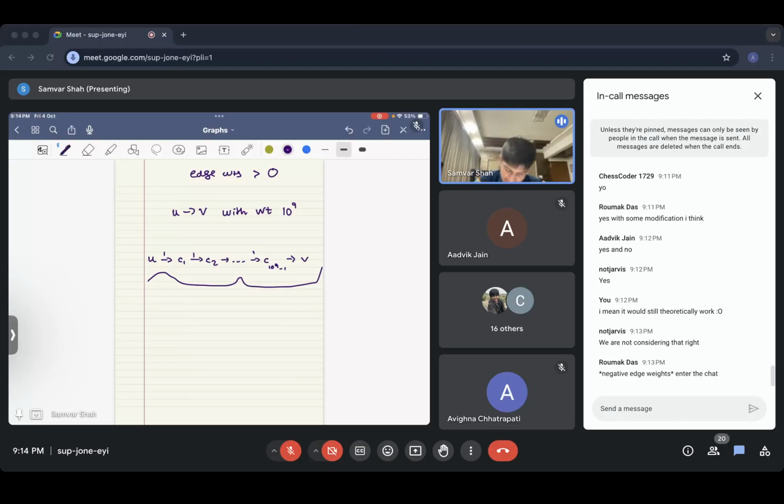But okay, let's get back to the main question. So our algorithm says, let me form 10 to the power of 9 edges and do BFS. So it works, as Avigna said. But Advik's point is, it's memory or computationally too expensive.